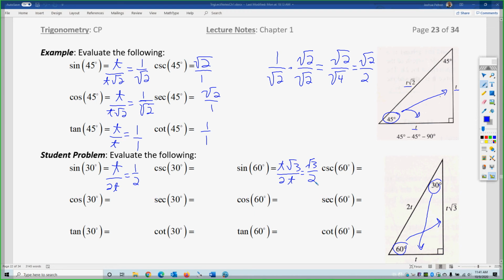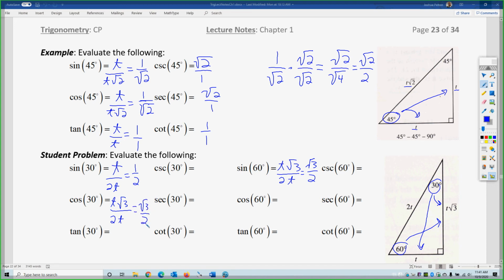Okay? So if I do cosine of 30, the adjacent for 30 is t root 3. So, whoops, not 2, t. So we have t root 3 over hypotenuse, which is 2t. So we get the root 3 over 2.